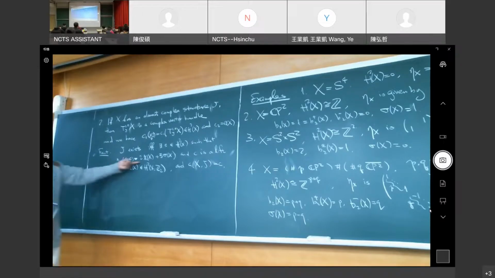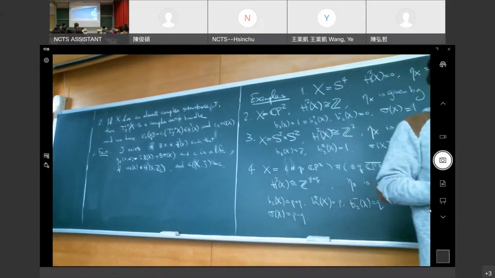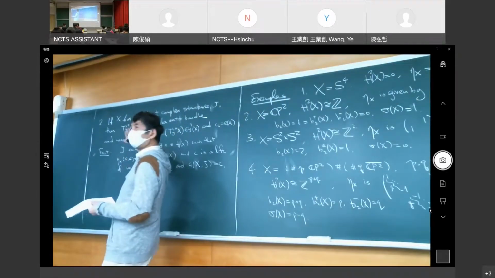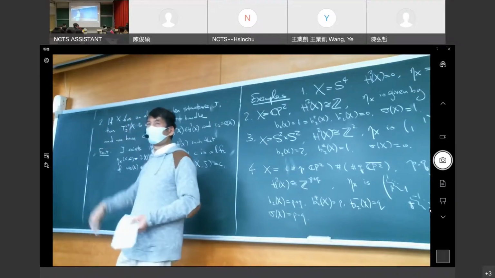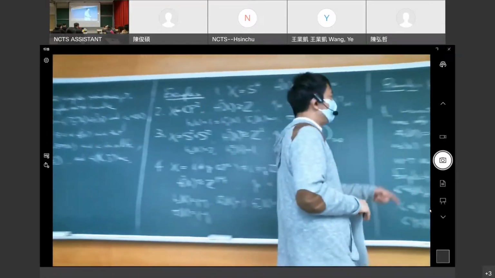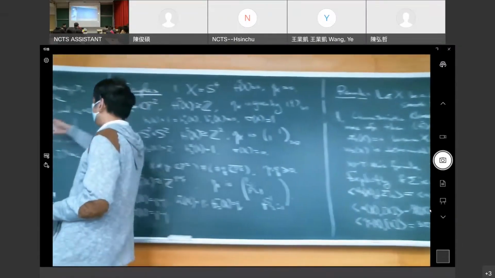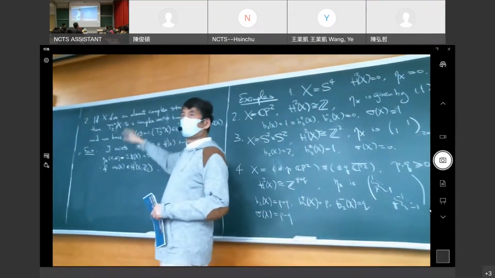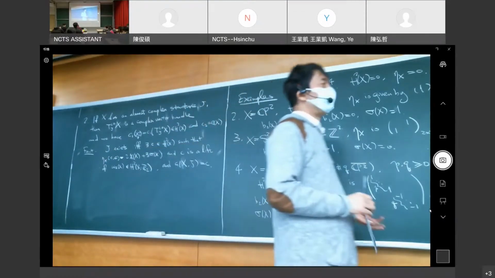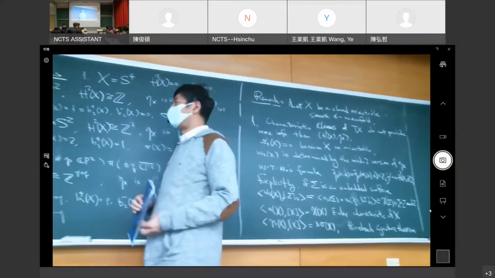The way to derive this equality is an exercise in characteristic classes, because you have a vector bundle. If you forget the complex structure, then it becomes a real vector bundle, and that real vector bundle is precisely T of X. Therefore, the Chern classes of the complex vector bundle are related to the Pontryagin classes of the real vector bundle.